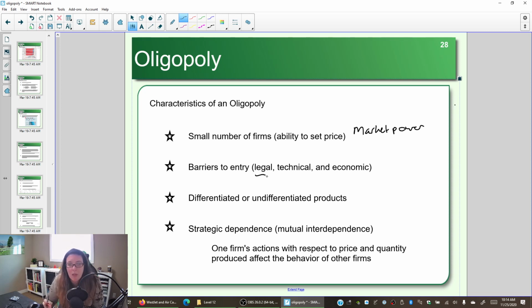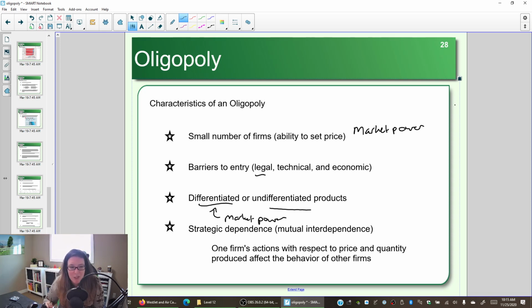Oligopolies can be differentiated or undifferentiated. As we talked about before, if you can tell the goods apart, then people will buy for reasons other than price. So if you can differentiate your product, you gain even more market power, more influence over the price, because people become less sensitive to the price. Demand is more inelastic. They buy for other reasons.